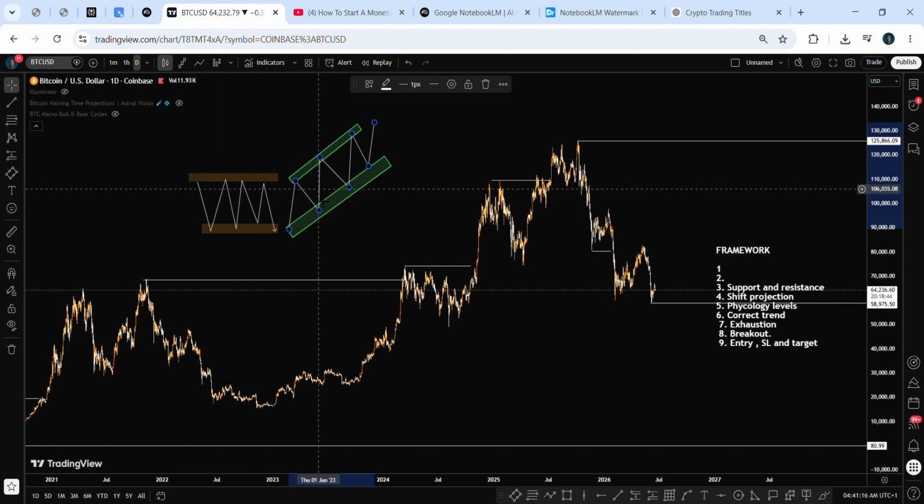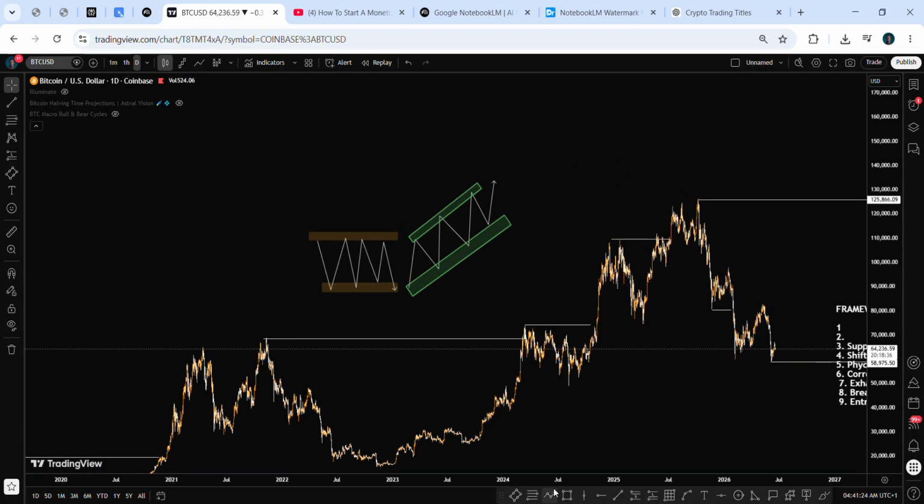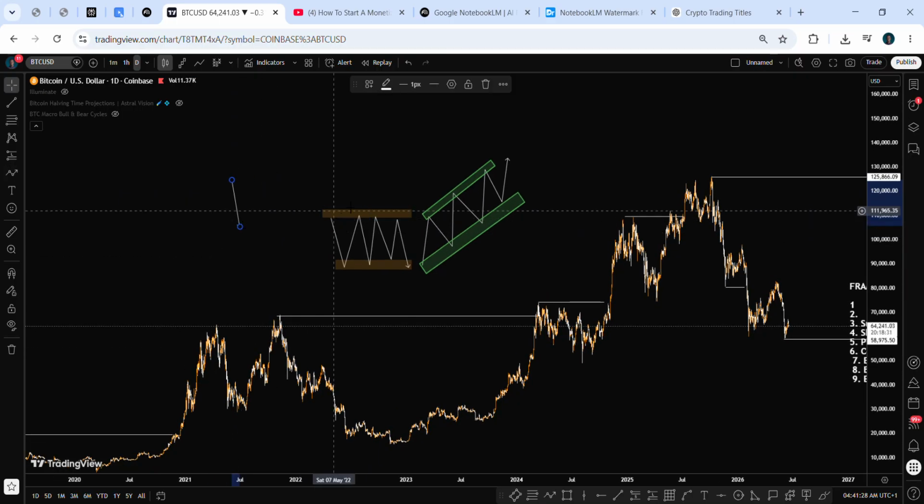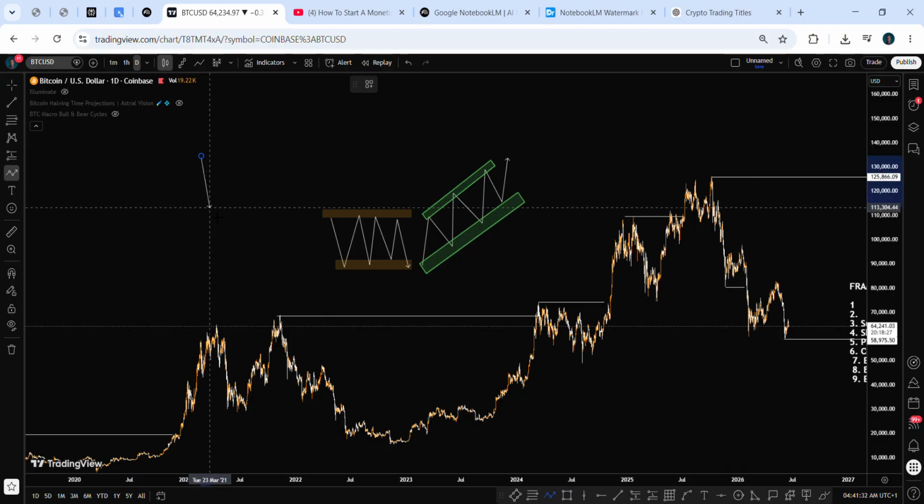And this one is the trending, this is the uptrend. You can also have something like this for the downtrend. The same thing is applicable.